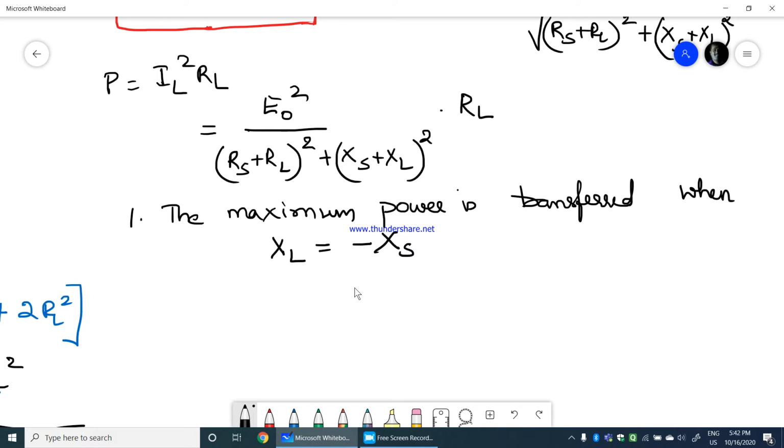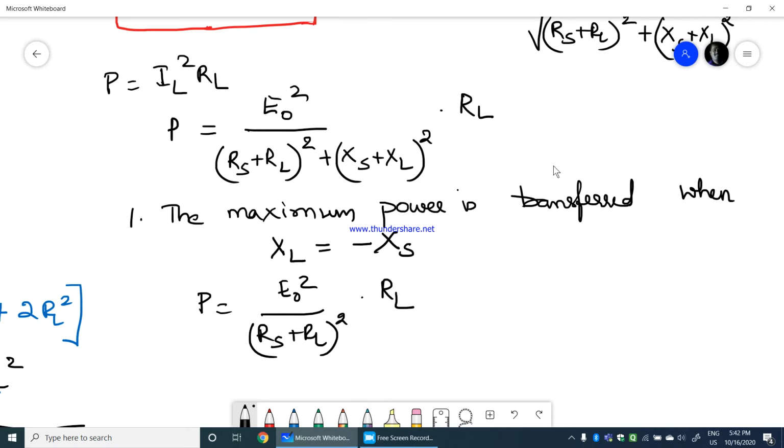That would be the first condition. Why? Because in this power equation, if XS equals minus XL, they both get cancelled and this term becomes 0. So what we are left with is P equals E naught square divided by (Rs plus RL) the whole square into RL.